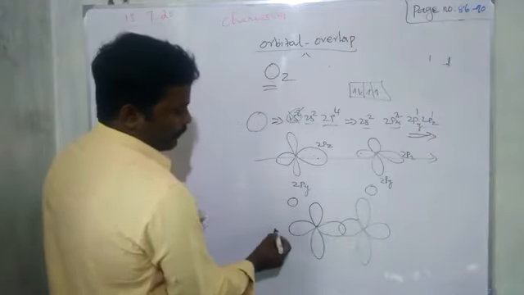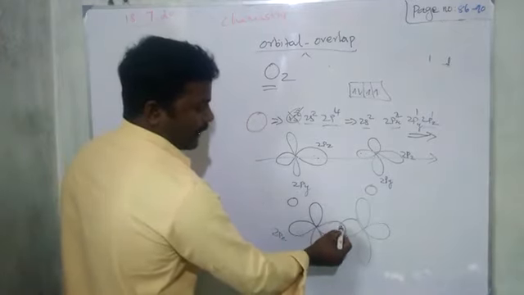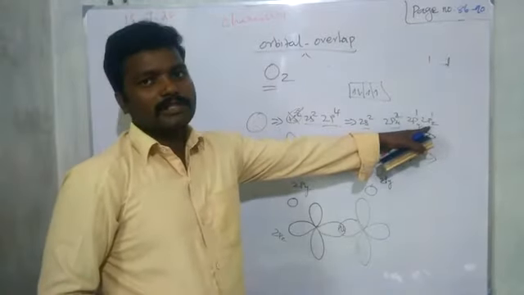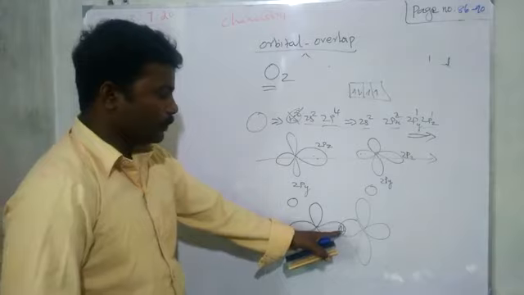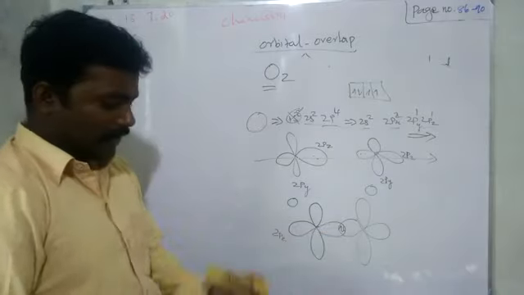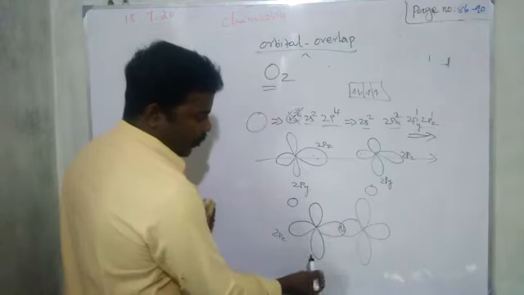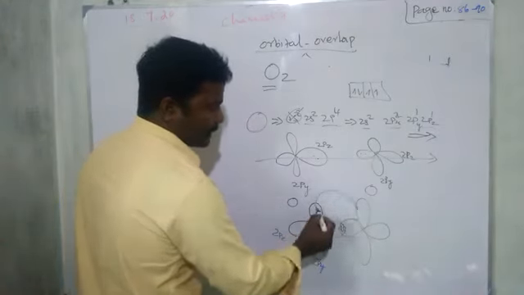So now 2pz has finished its overlapping, there are two electrons: one from the first oxygen atom, one from the second, so totally two electrons are filled. Now what will happen? The sideways overlap. This 2py orbital also wants to overlap, and it will overlap like this.